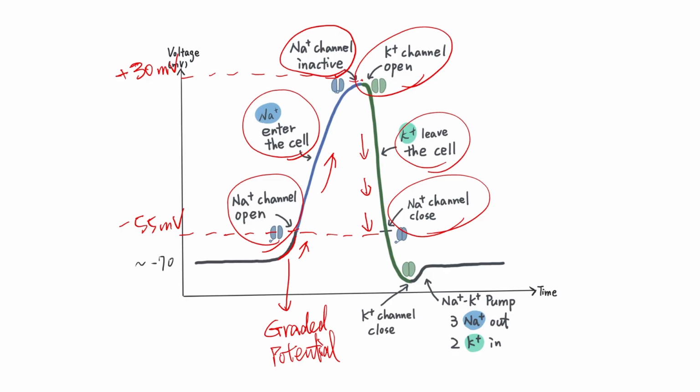But the voltage keeps going down because your potassium channel is still open until about minus 90 millivolts. Then your potassium channel closes. At minus 90 millivolts, both sodium and potassium channels are closed. Your sodium-potassium pump will pump the voltage back to minus 70 millivolts. That is the resting membrane potential.